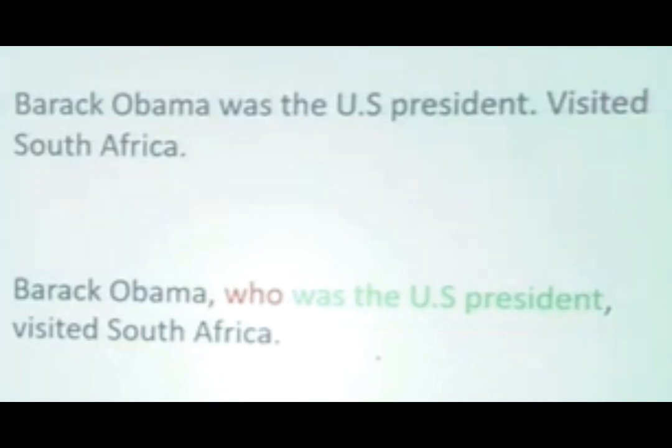Barack Obama visited South Africa. That's very important. We don't need to get this information because it is already known for us.